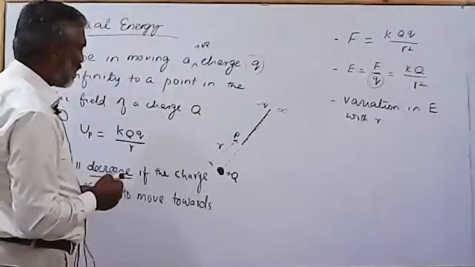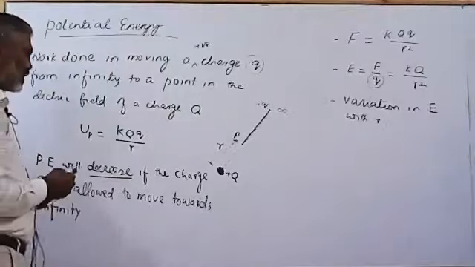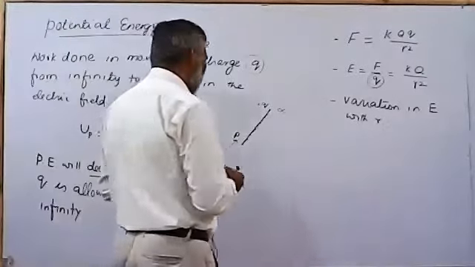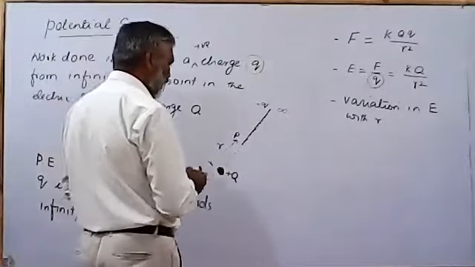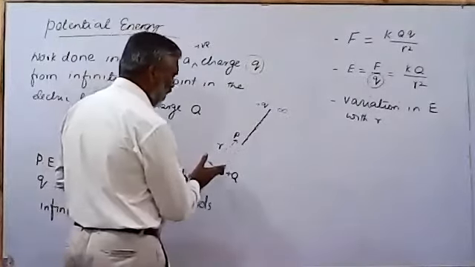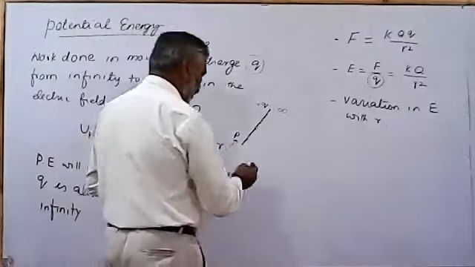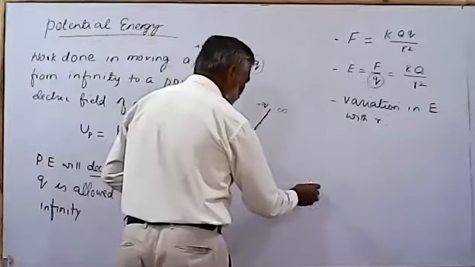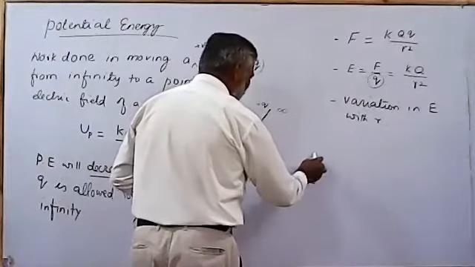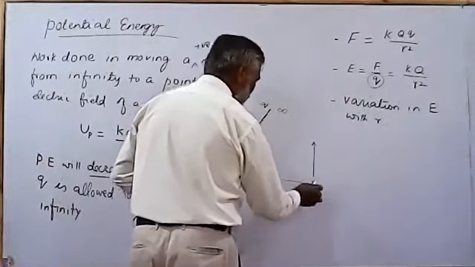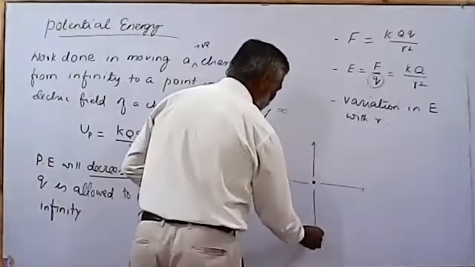This has an important relationship between potential energy and electric field. Electric field is in this direction for a positive charge. Let me draw that figure here. If I have a charge here, its electric field is like this.